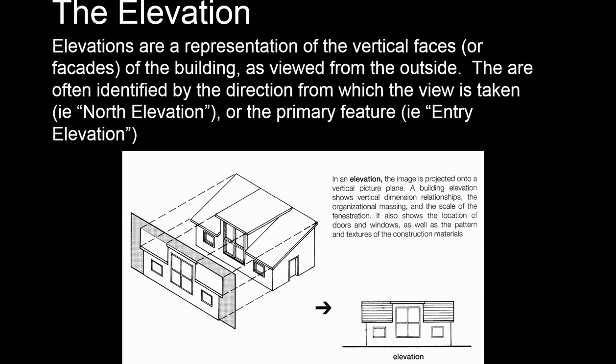Elevations. This is another type of drawing that you're going to encounter when analyzing architecture. Elevations represent the vertical faces of a building, viewed from a distance. One of the things that becomes hard to see in an elevation is depth, because they're shown as a flat view of the whole site.